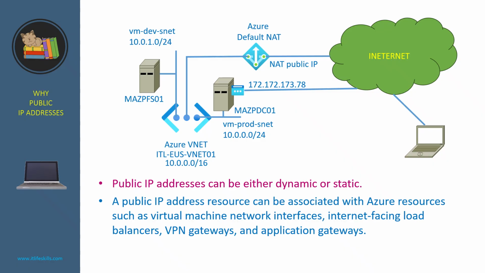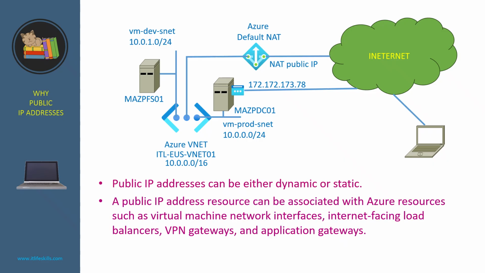As you can see, the public IP address establishes a connectivity from MAZ-PDC01 to the internet, and now we can access the internet from MAZ-PDC01 via the public IP address, and we can easily allow the inbound traffic from the internet to MAZ-PDC01 via the public IP, which means from a computer in the internet, we can access MAZ-PDC01 as long as we allow it.